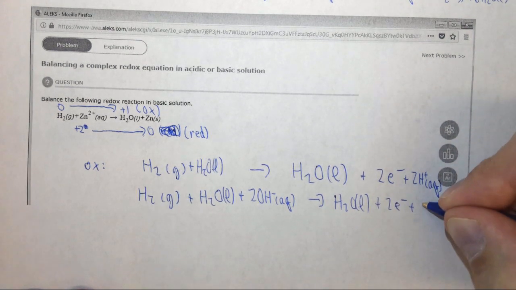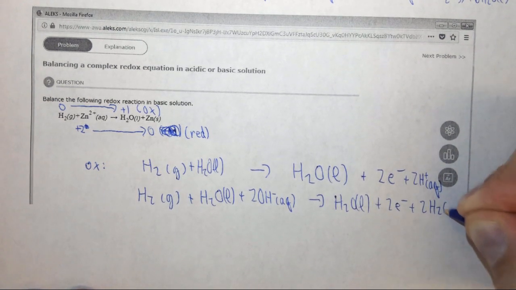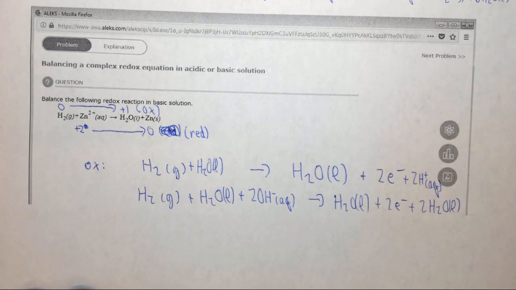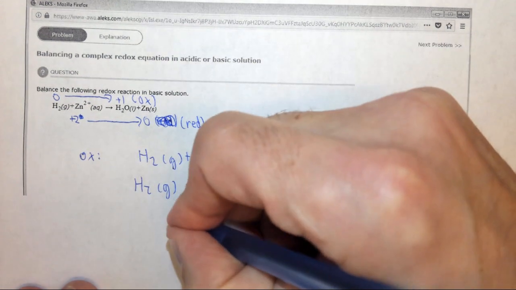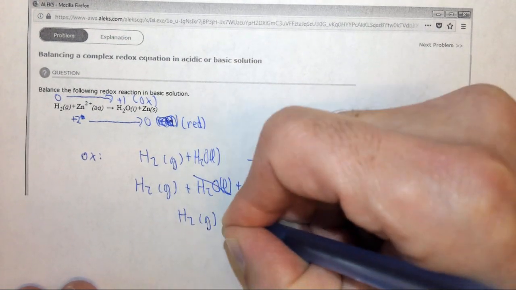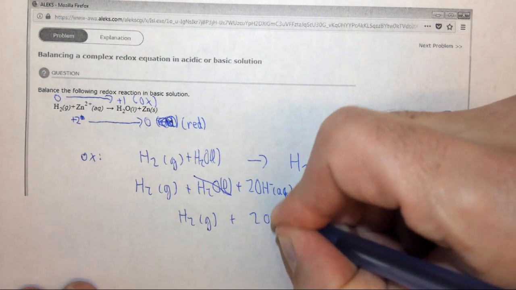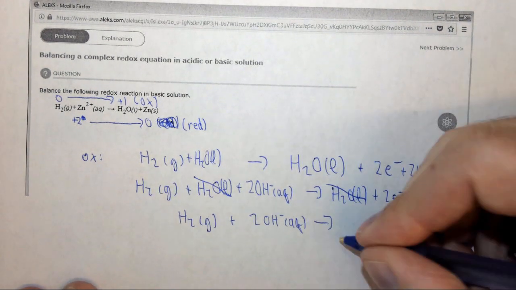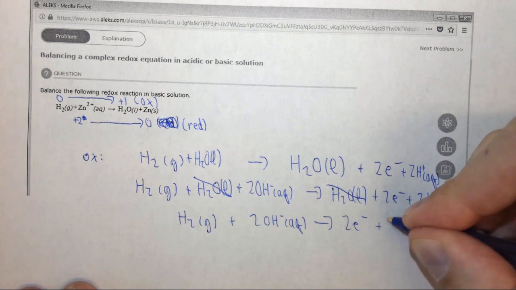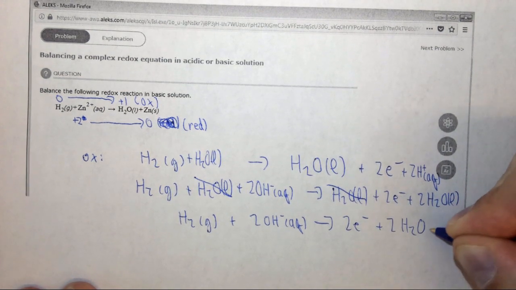Those are going to neutralize each other, and we're going to end up with 2 H2O liquid, like so. Now you'll notice you have 3 waters on this side and 1 water on this side. Said another way, this cancels out, and the half reaction finally becomes H2 gas plus 2 OH minus aqueous yields 2 electrons plus 2 H2O liquid.